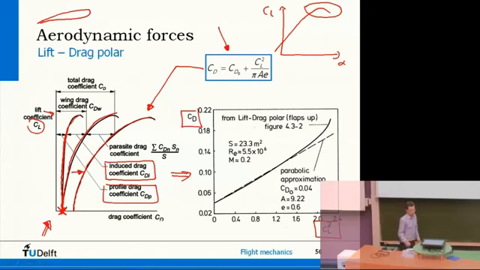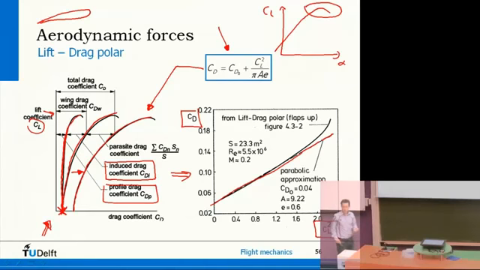Then I can see that the curve, the not dashed line, is almost completely straight. If I draw a straight line through that, then the straight line is almost the same as the curve for the complete aircraft.